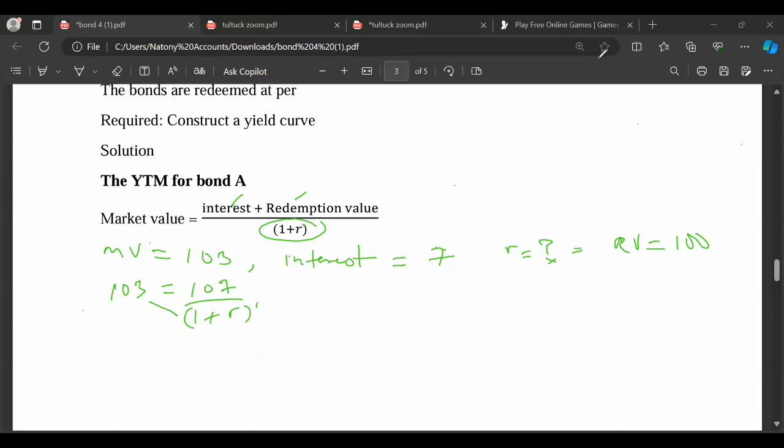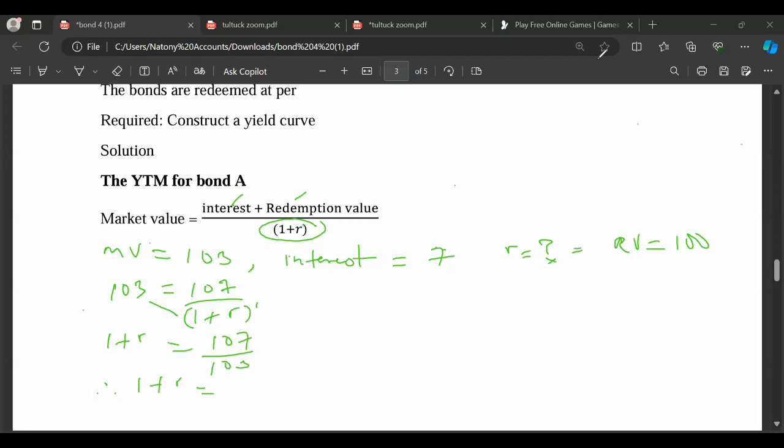If I cross multiply, 1 plus R will come here and 103 will go down, so it becomes 107 over 103. Therefore, 1 plus R will be equal to this divided by this.